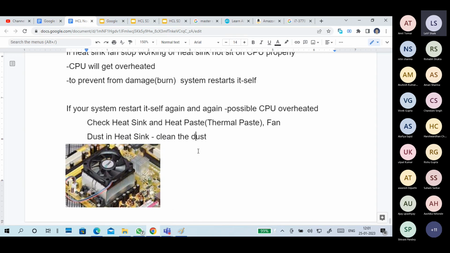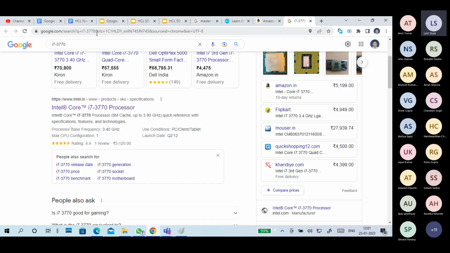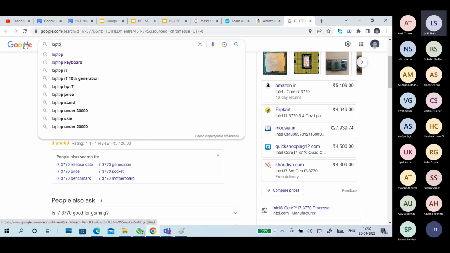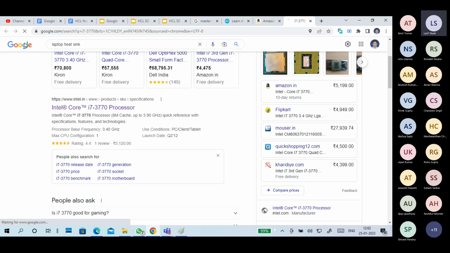The processor is getting overheated. To prevent damage to the CPU, the system restarts itself. And one more picture I wanted, that's why. A laptop.